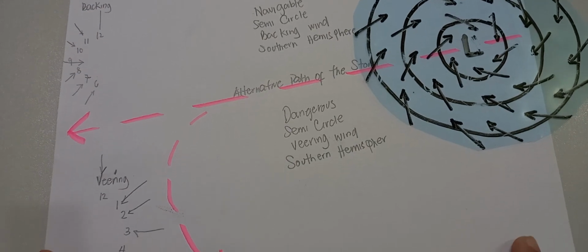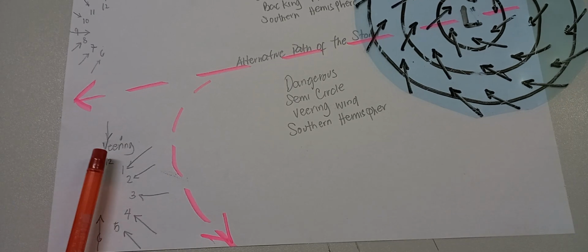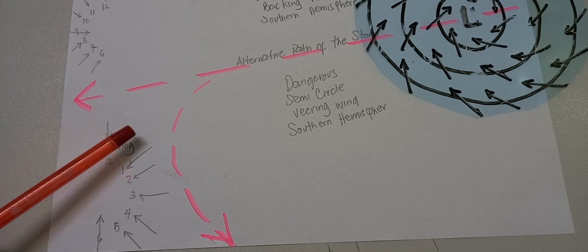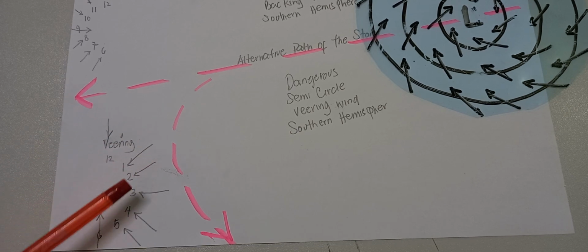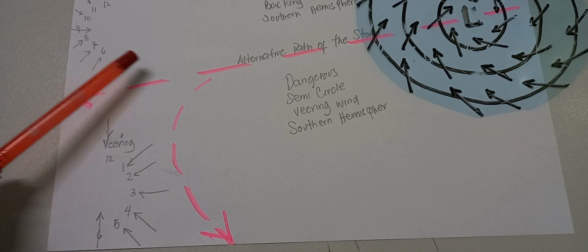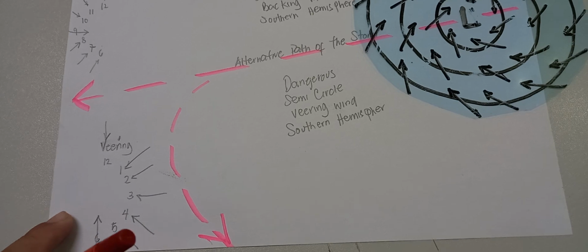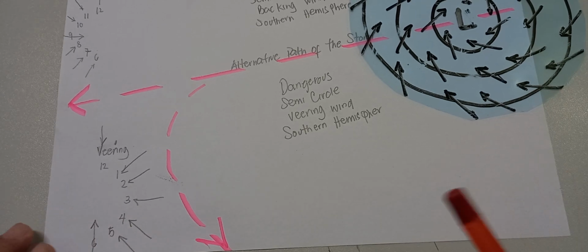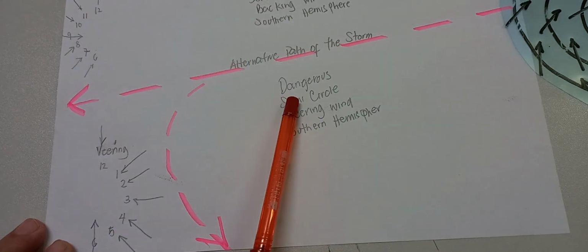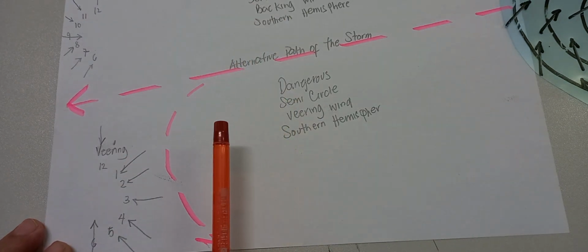Now, in order for us to identify if the wind is veering, from 12, coming from 1, 2, 3, 4, 5, 6, it means the wind is changing clockwise.